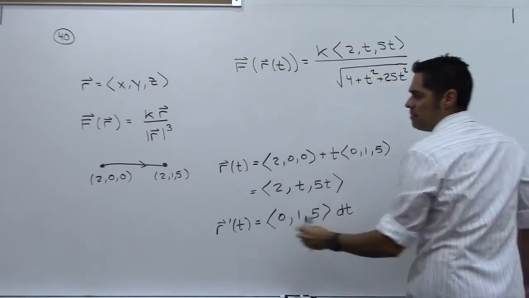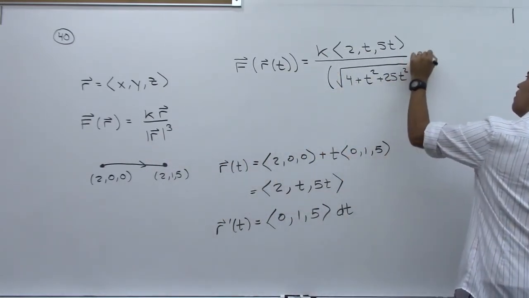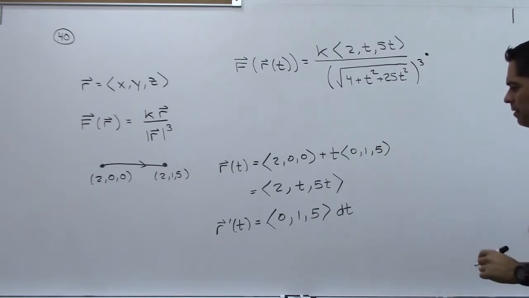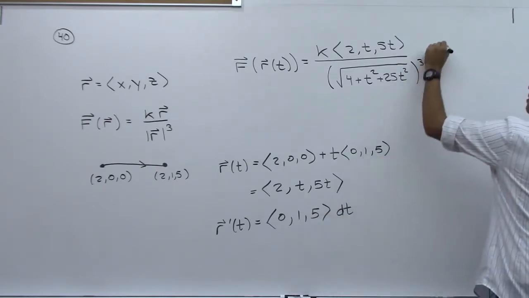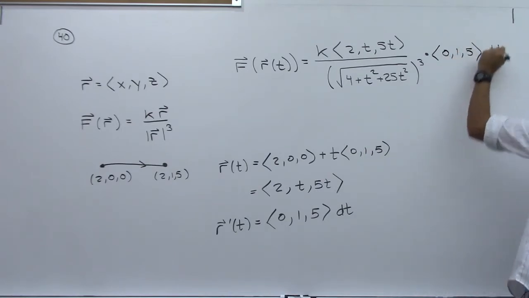So that's the magnitude of it, but then cubed. But I'm going to dot that with this right here. So 0, 1, 5 dt.